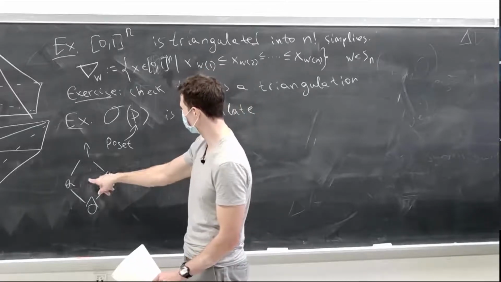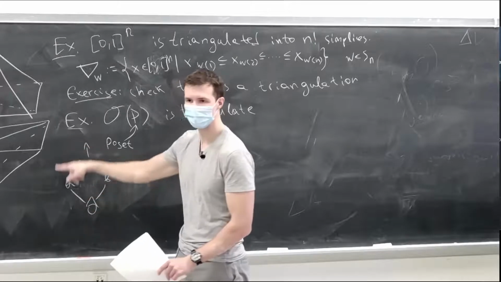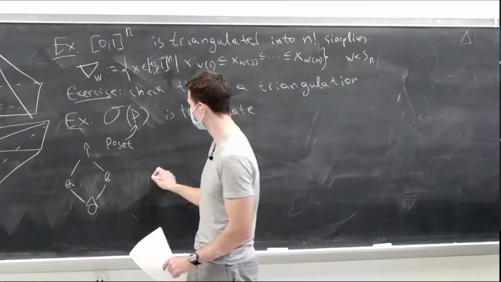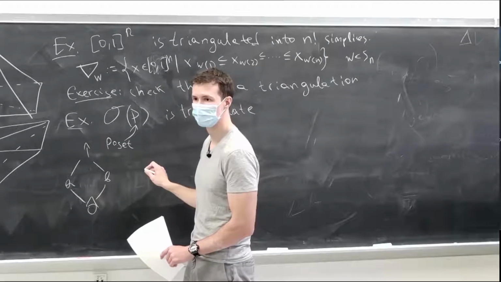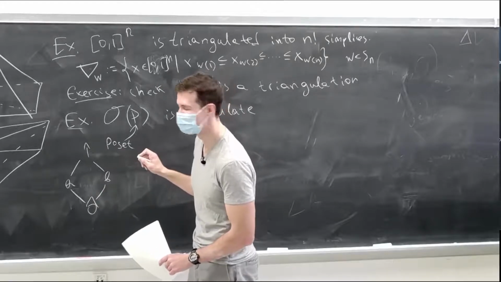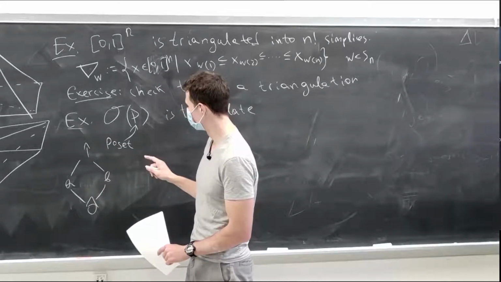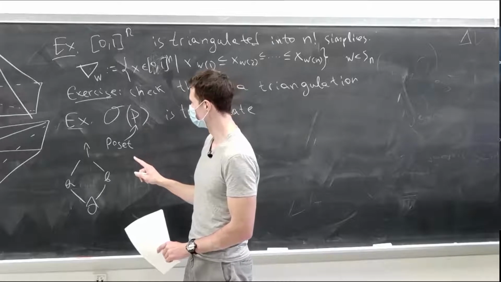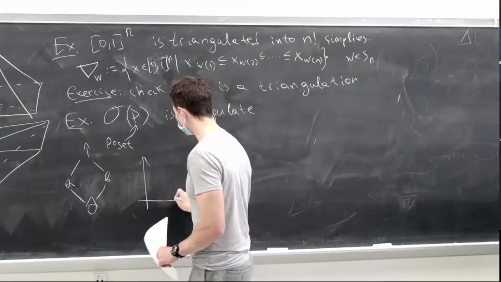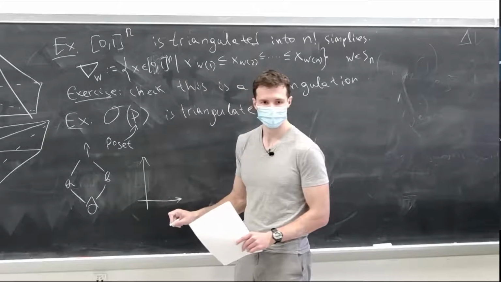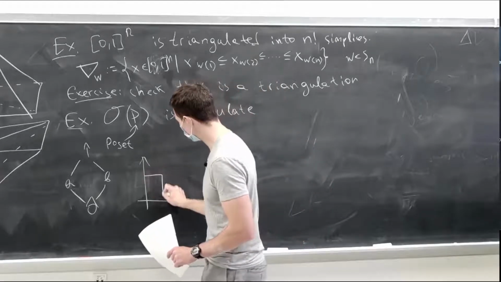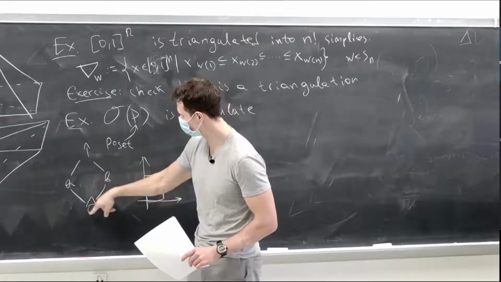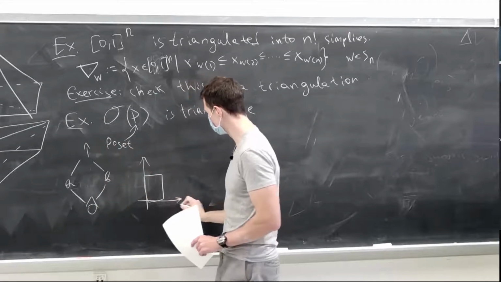By the way, what's the order polytope of this poset? Does anybody remember? It's a square. Interesting. It's a square because A has to be between 0 and 1, and B has to be between 0 and 1.